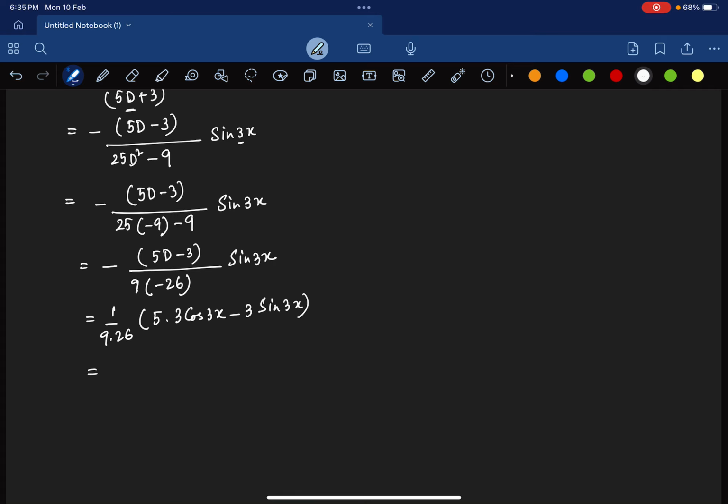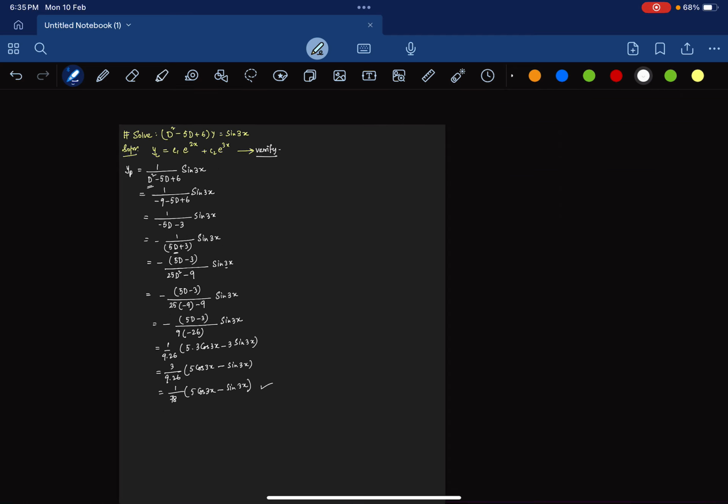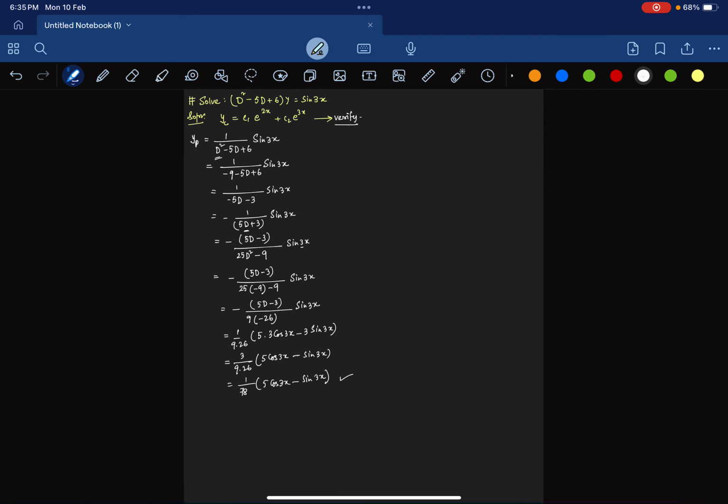You can take 3 common, so 3 over 9 into 26, (5 cos 3x minus sine 3x). Immediately you will get 1 by 78 times (5 cos 3x minus sine 3x). That is the yp you are getting.